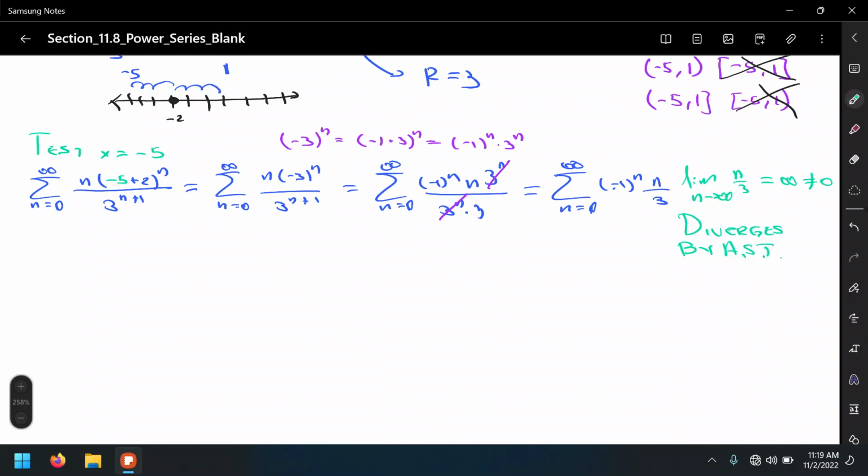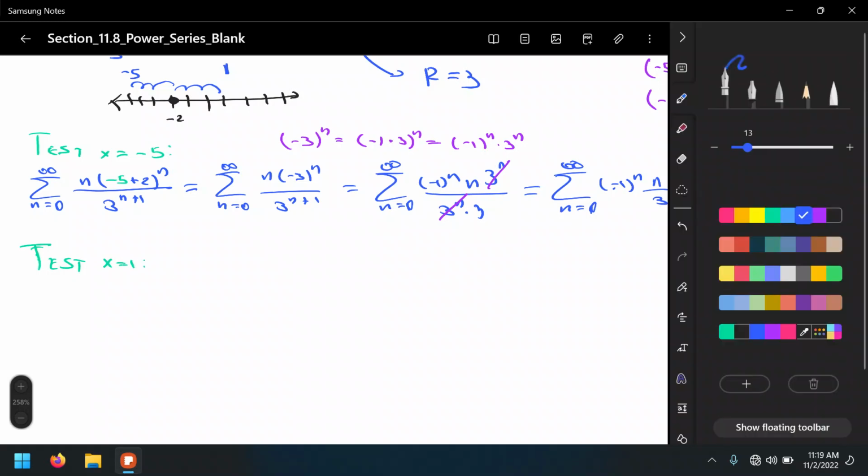So test x equals 1. That is sigma n equals 0 to infinity of n times (1 + 2)^n over 3^(n+1), where x gets replaced with 1.